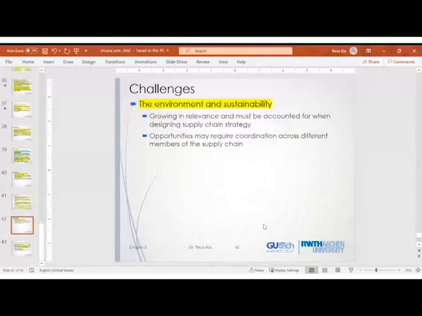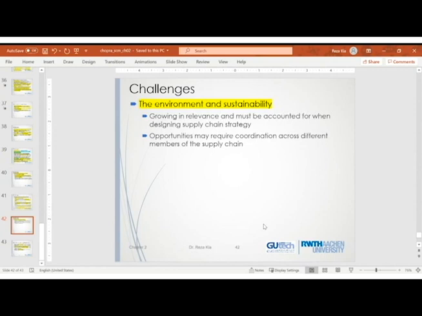And the last challenge is related to environment and sustainability. This is going to be discussed in detail in one of the chapters. I think you have heard about sustainable supply chain and green logistics, and these are the topics that mainly deal with concerns related to the environment and also humanitarian issues whenever you want to design a supply chain.